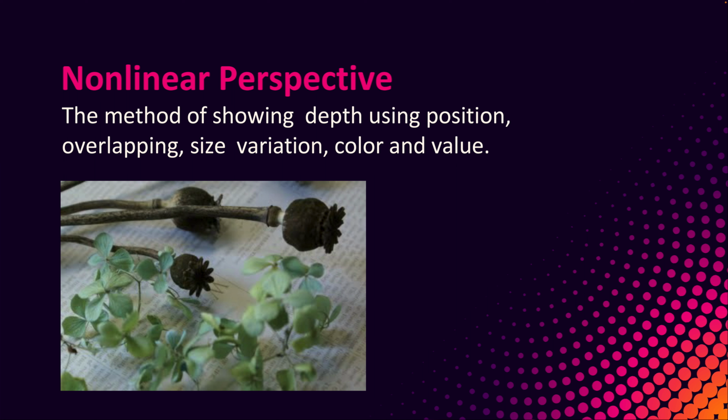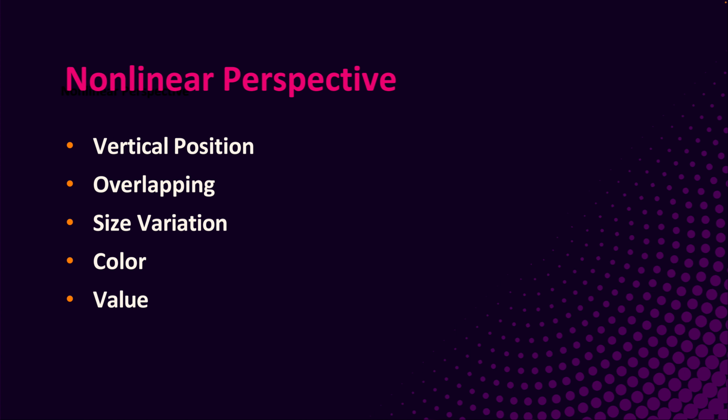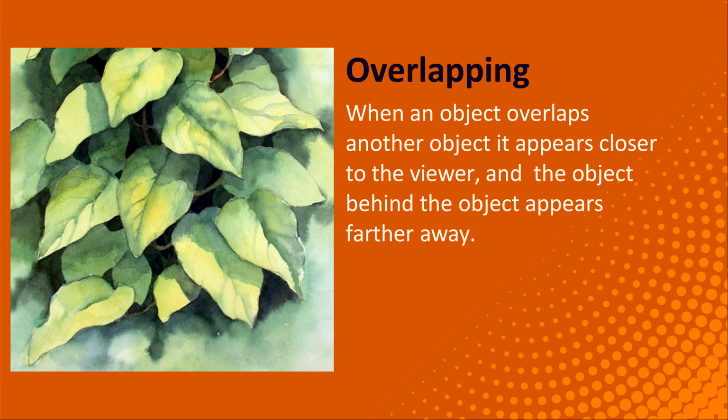The overlapping, where some of these leaves overlap this stem, shows space via position and overlapping. So it starts to show some depth or perspective by overlapping. Some other ways we can do it: vertical positioning, overlapping, size variations, color and value. There's more, but these are the basics, and we'll go through examples of all of these.